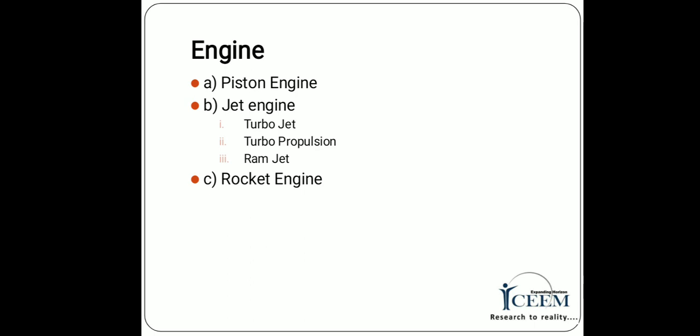This is a conventional type of aircraft engine, operates at low altitude and with moderate speeds, that is 500 to 800 km per hour. The aircraft is provided with a gasoline fed engine which is driven by a propeller.